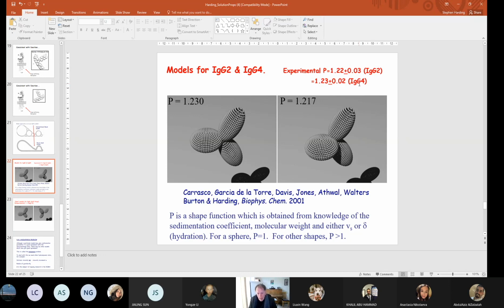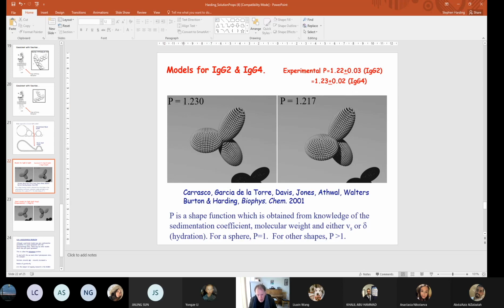So we have these experimental P values we get from the sedimentation coefficient of the antibody molecule, and also we've used information from the crystal structures of the domains and the sedimentation properties of the domains to get these P values. So they're not spheres, obviously, because they have a value greater than 1.